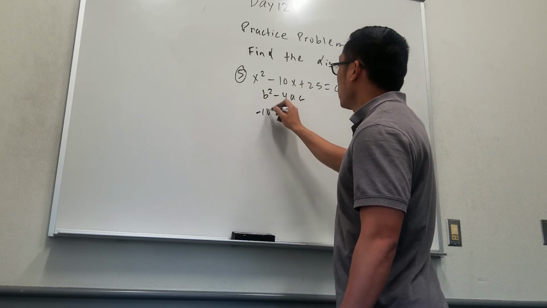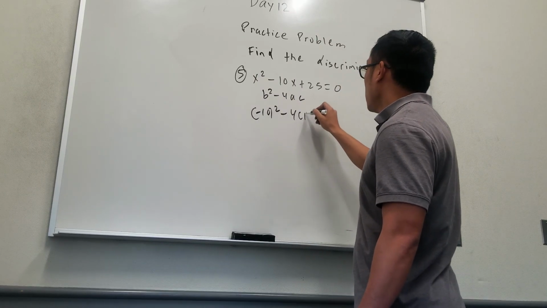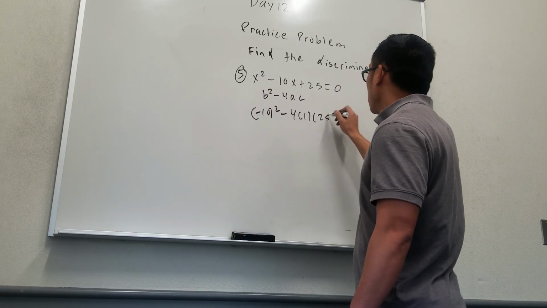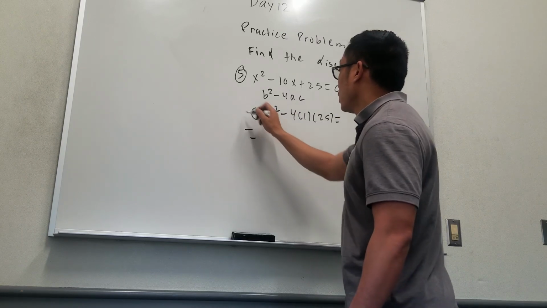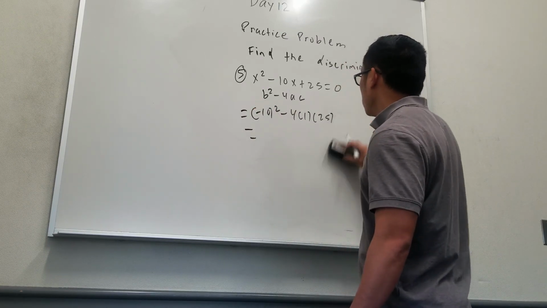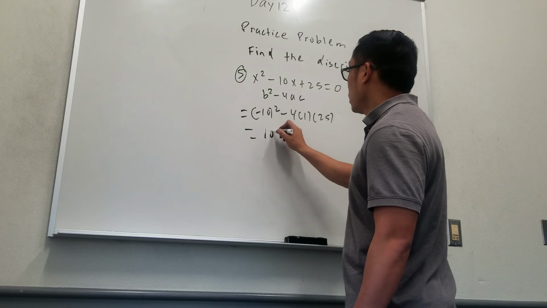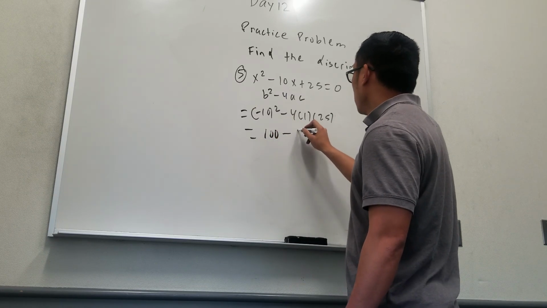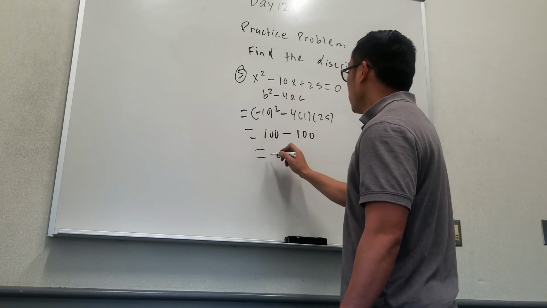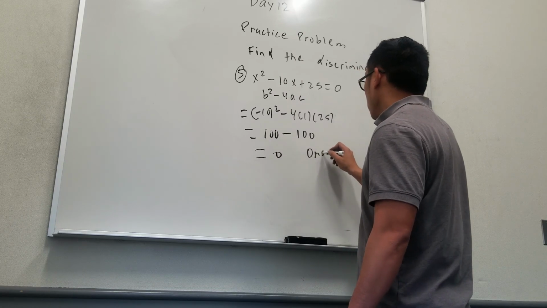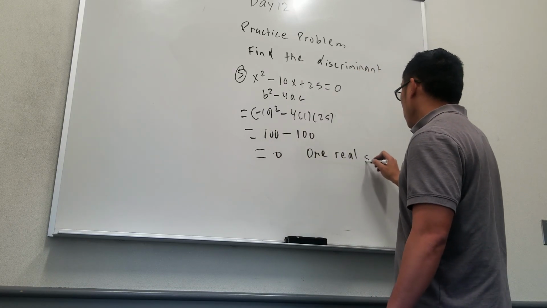So negative 10 squared minus 4 times a times c, which is 100 minus 100. That's equal to 0. So that means what? One real solution.